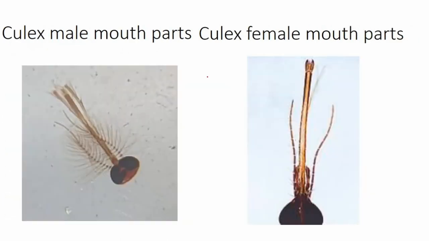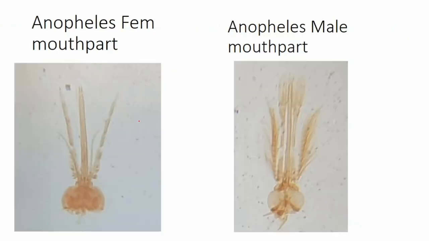Then we are moving to the mouth parts. As I told earlier, all the females will have very short palpi and a less bushy antenna. Here it is a bushy antenna and a lengthy palpi, as long as the proboscis. Anopheles is the only exception where the palpi is also big when compared to the proboscis. The hair in the antenna is not bushy in the female, but here the hair in the antenna is bushy, and the palpi is club shaped.